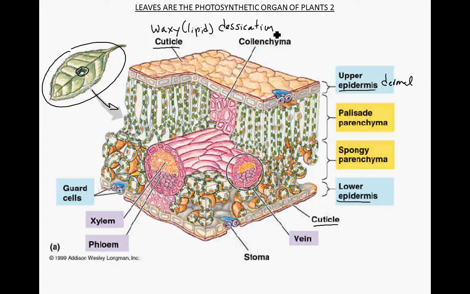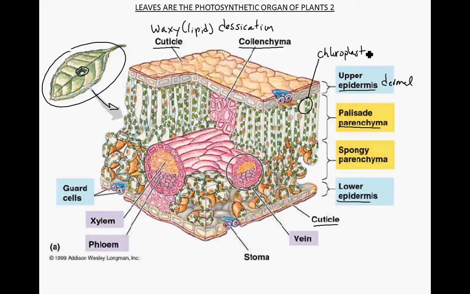Just below the upper epidermis, you have the palisade parenchyma layer, and parenchyma is just a type of cell that's in plants. You also have collenchyma cells, and then sclerenchyma cells, but that's a little more detail than we need. These palisade parenchyma cells are right underneath the upper epidermis, and they have highly concentrated chloroplasts.